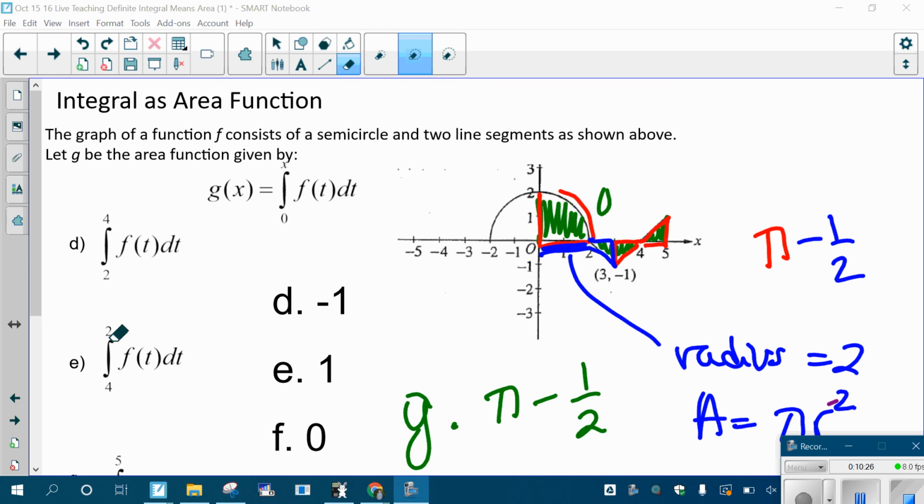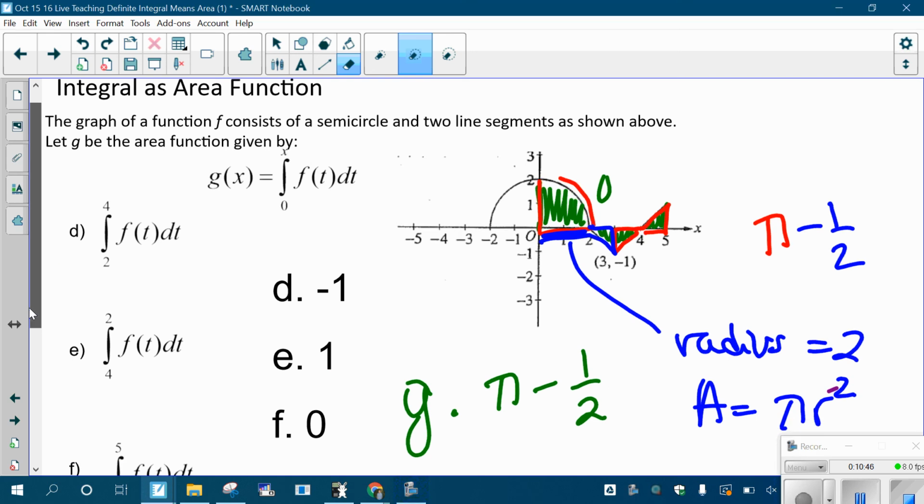We said D was -1, so E is +1, okay? Since it's underneath the x-axis, but it's also backwards, those negatives cancel each other out, that's why it's +1.